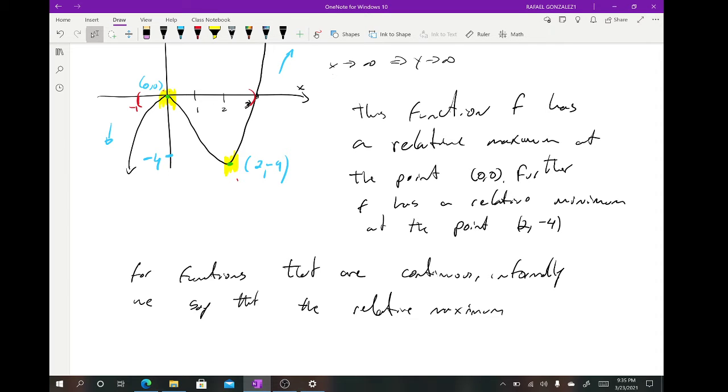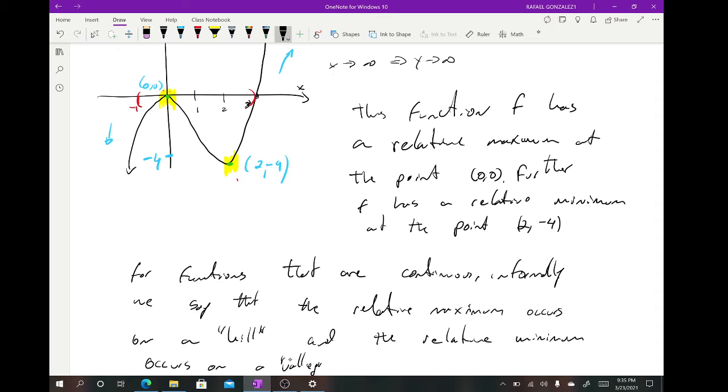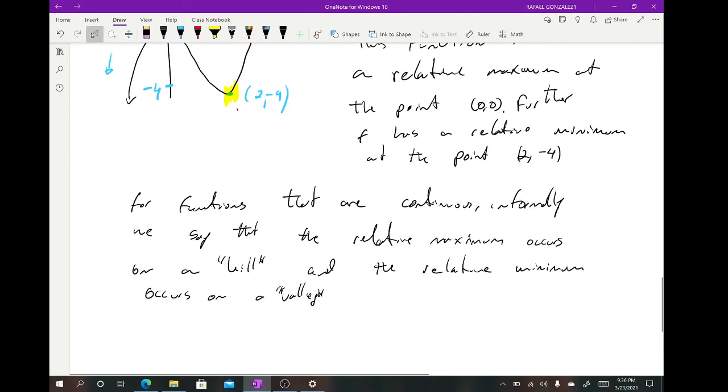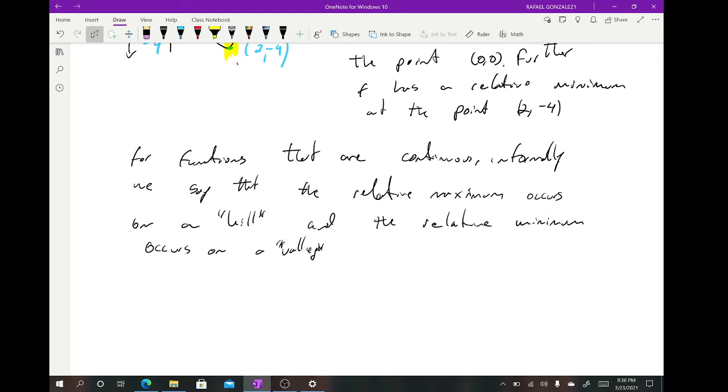The relative maximum occurs on a hill. It kind of looks like a hill. You go up a hill. And the relative minimum occurs in a valley. So informally, this is the way that you're supposed to think about this. You're supposed to think about the relative max as happening when you have hills, and the relative minimum when you have valleys for continuous functions.